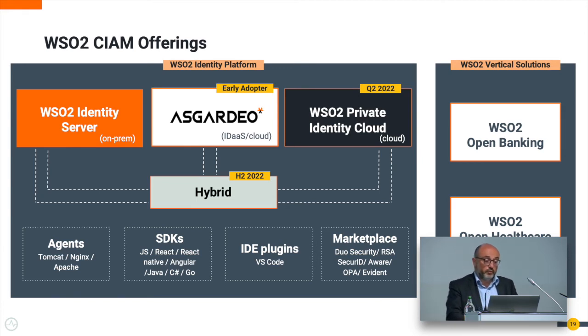Asgardeo is based on the WSO2 Identity Server, and the private cloud offering is also based on the WSO2 Identity Server. So we are putting all our effort in one product that we offer in different ways. And hybrid is available, or will be available, at the end of the year.